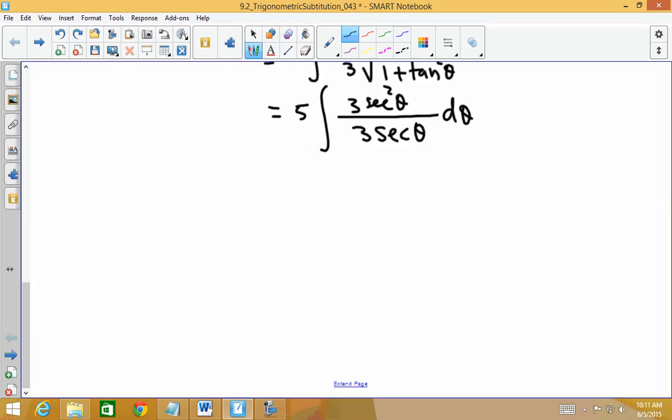We can cancel the 3. Remember, a squared divided by a is a, so secant squared divided by secant is just secant theta on top.